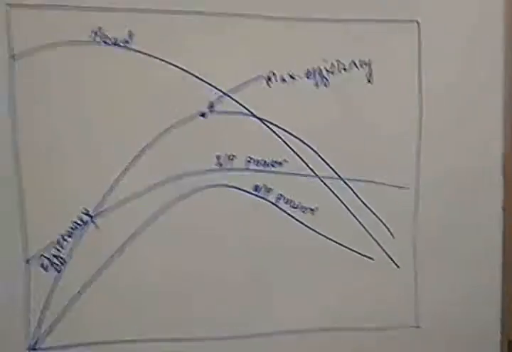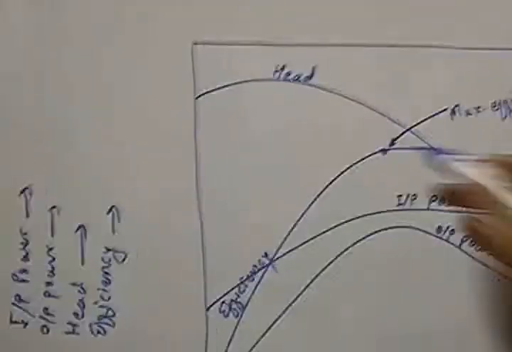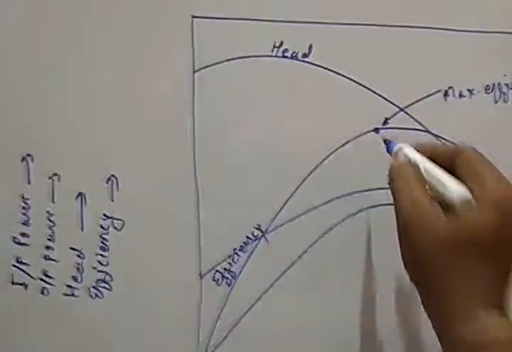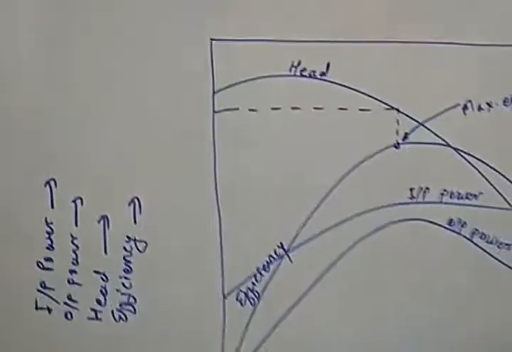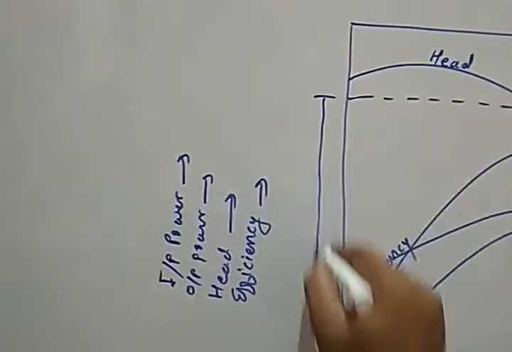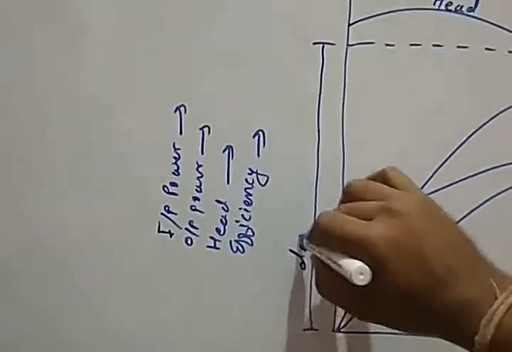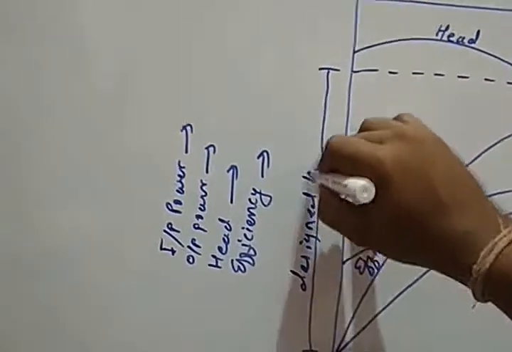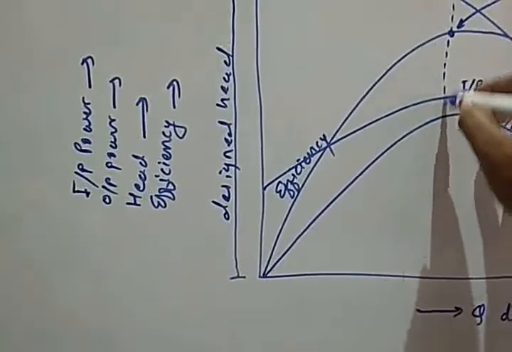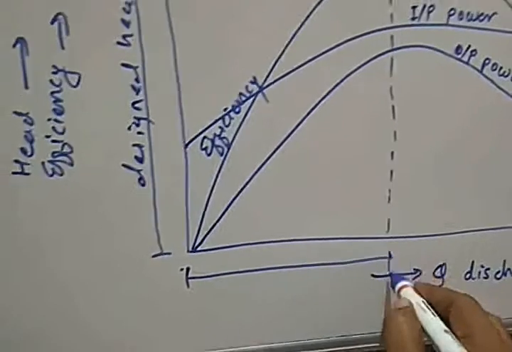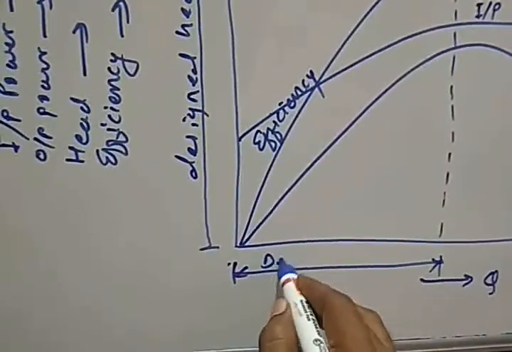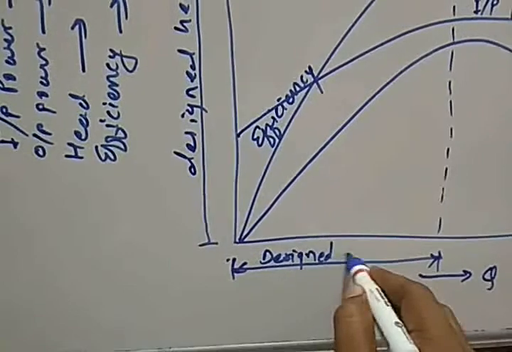This is the maximum efficiency point I have shown. With respect to this maximum efficiency, whatever head we get is known as the design head. Whatever discharge there is at this point is known as the design discharge.